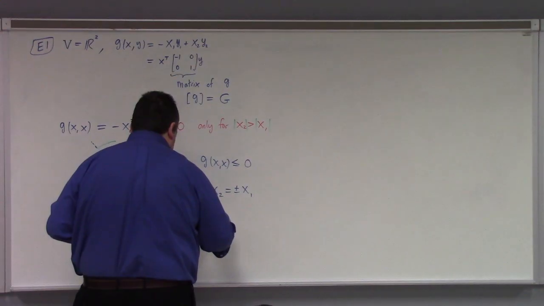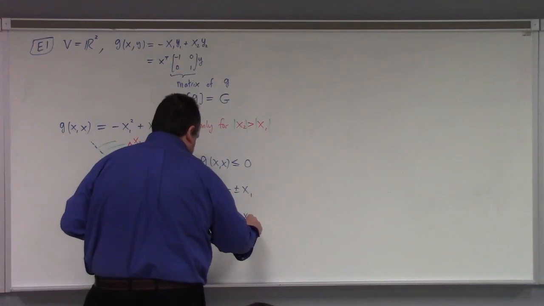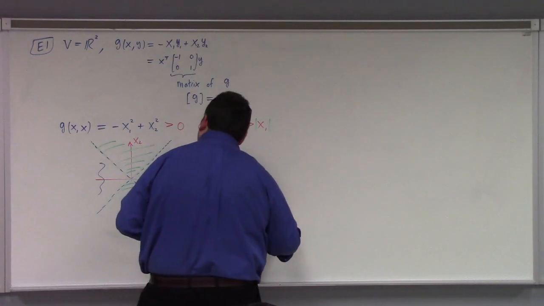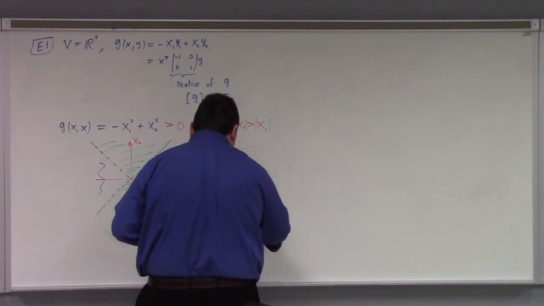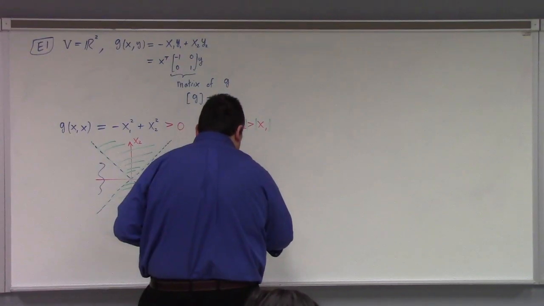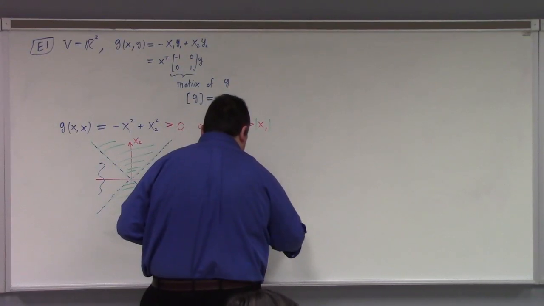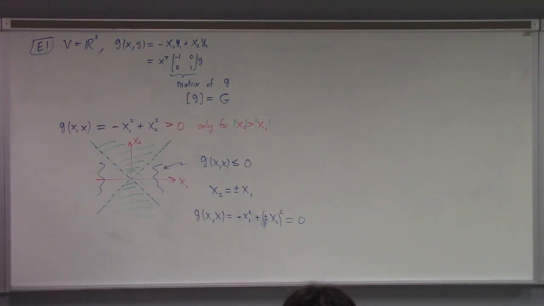So g of xx would be equal to minus x1 squared plus, plus or minus x1 squared, which of course is equal to 0. Both of these lines through the origin, with slope 1 and slope minus 1, are full of points where the inner product of any of those vectors with itself is 0. These are the so-called null vectors.